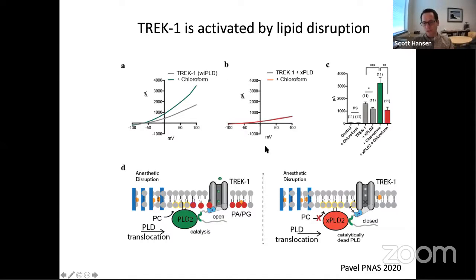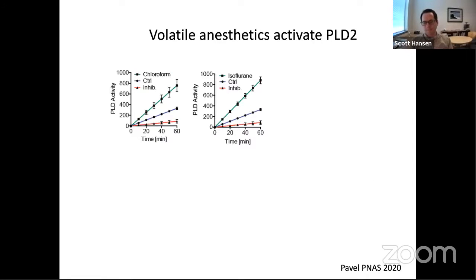It appears to be required, at least in these conditions. So this strongly suggested that maybe this membrane really is the target of anesthesia for TREC's response. This is just controls, showing statistically that these currents are real. But these are very robust signals. The channel is clearly anesthetic sensitive and disrupted by the PLD mutant.